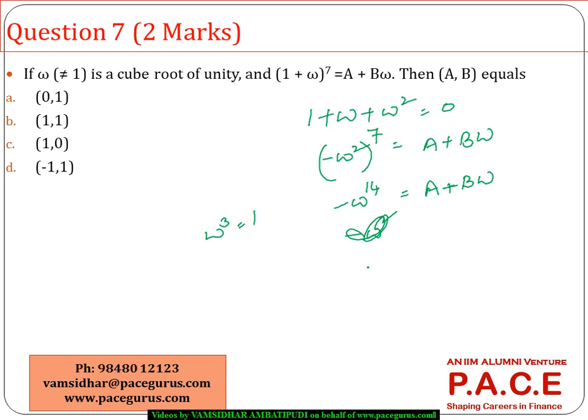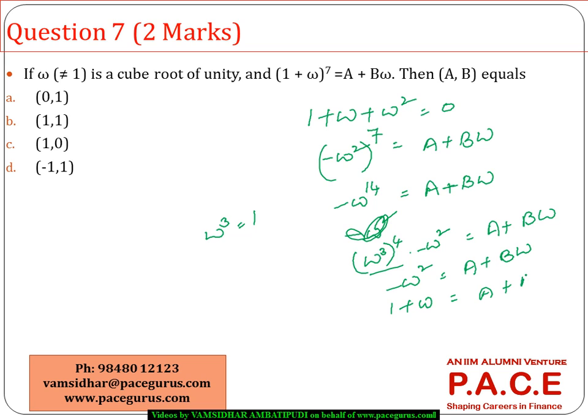So this I could have written as (omega cube) to the power 4 into minus omega squared is equal to a plus b omega. So this is 1, and we are left with minus omega squared equal to a plus b omega. Otherwise this is nothing but 1 plus omega equal to a plus b omega.